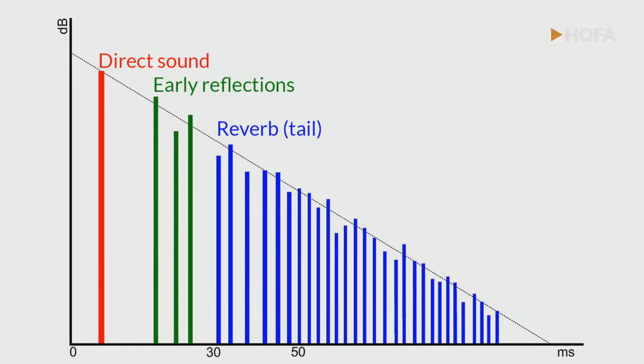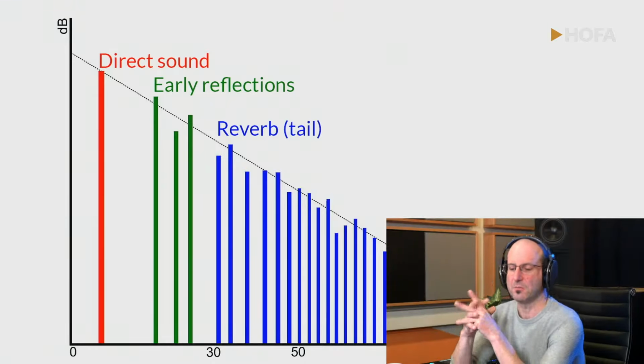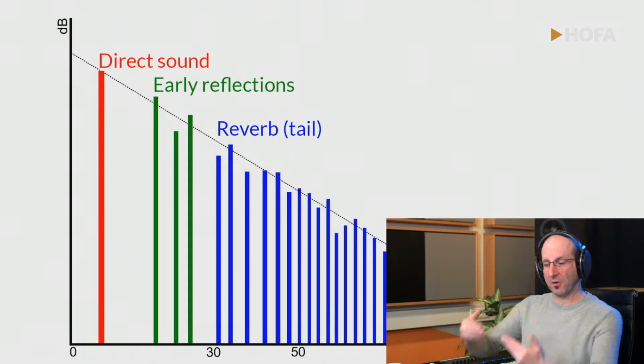And the one axis is the sound pressure level in dB, and the other axis is the time in milliseconds. And as you can see, as the time passes, the level of the reflections is diminishing and is going down.